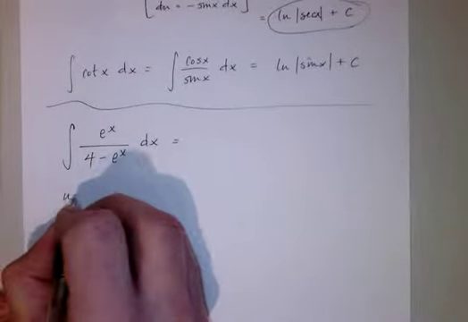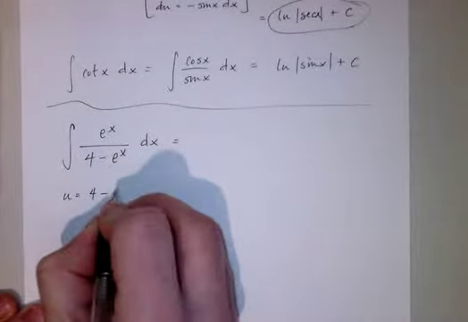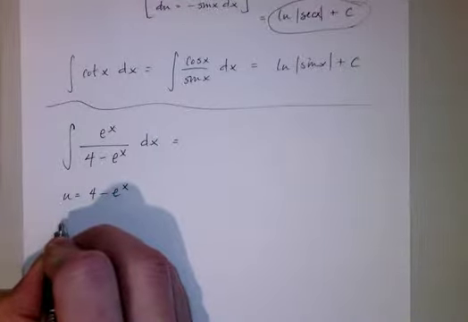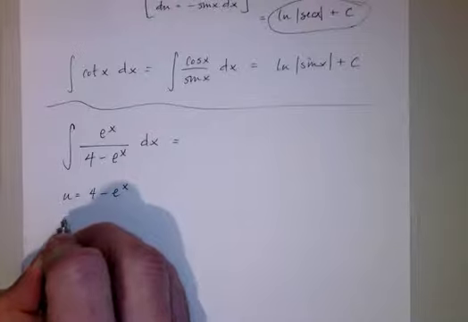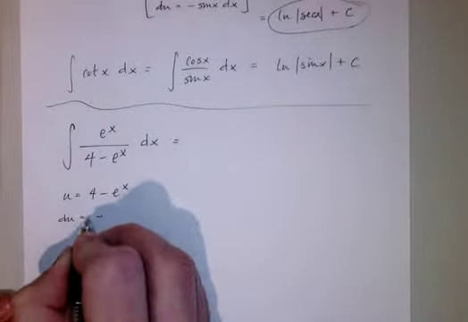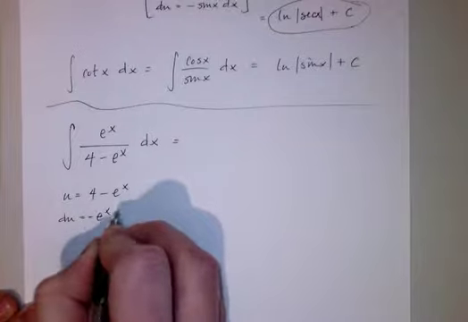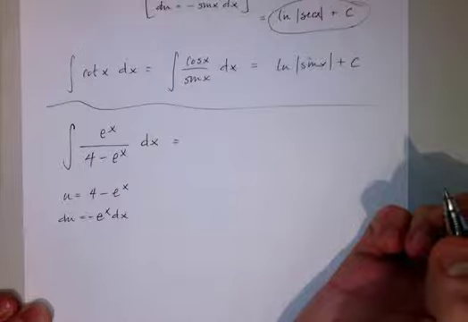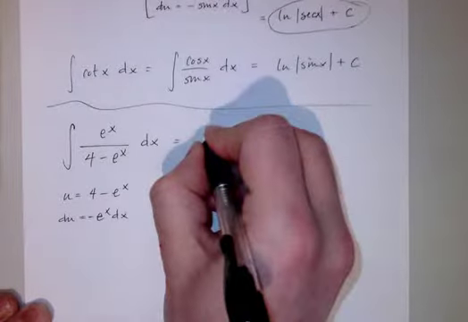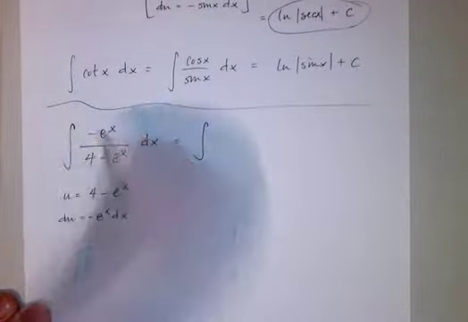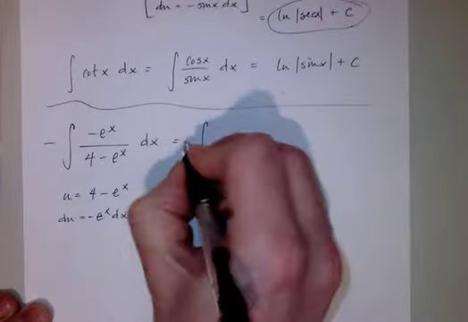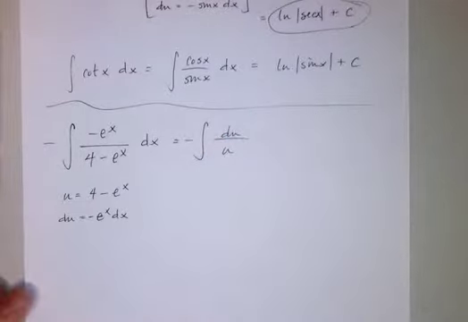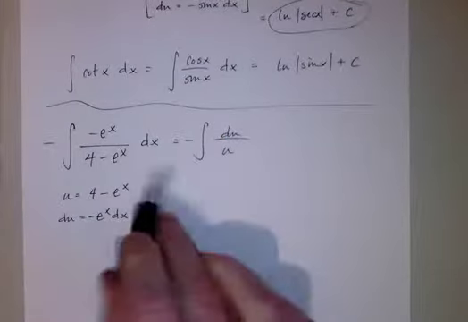If I take the denominator and turn it into u, and then turn the numerator into du equal to negative e to the x dx, then I have, if I put a negative here and a negative out here, negative du over u.